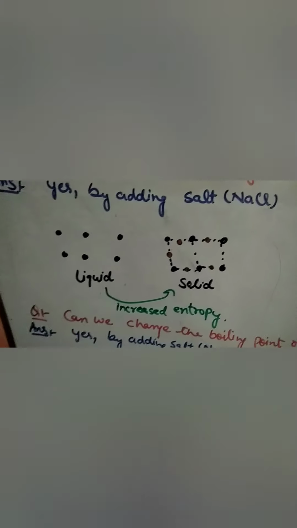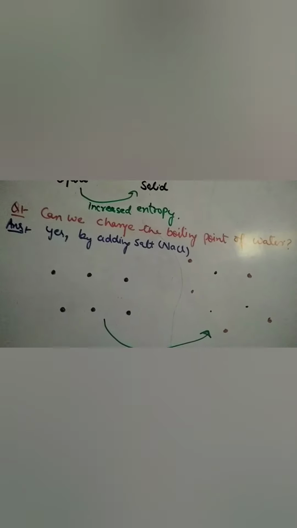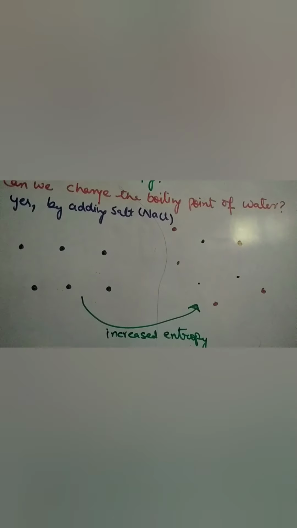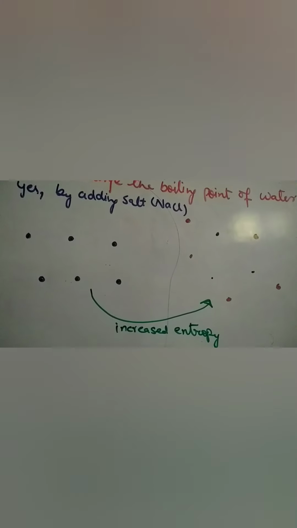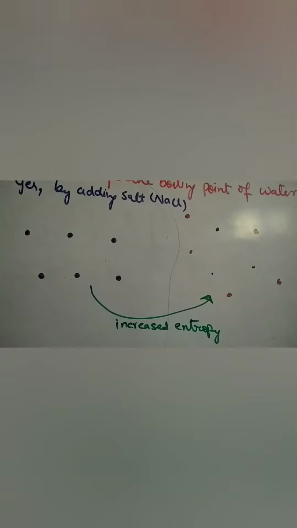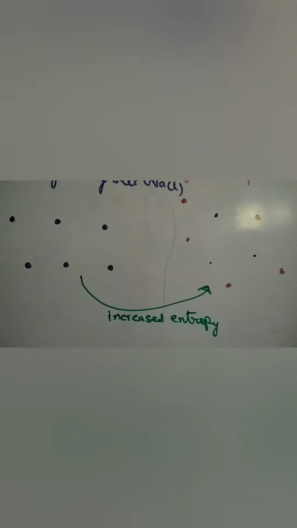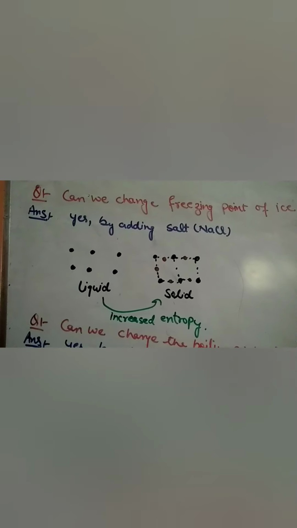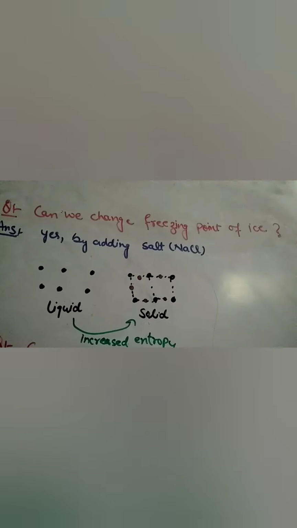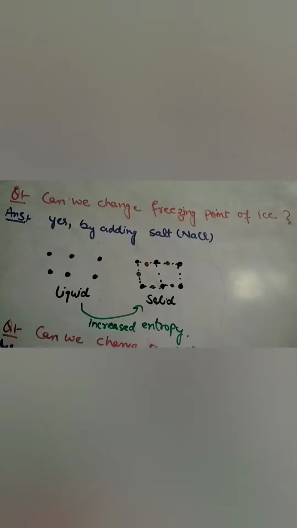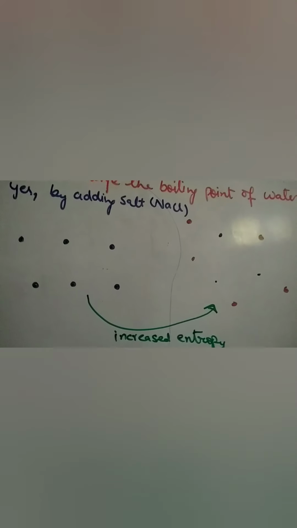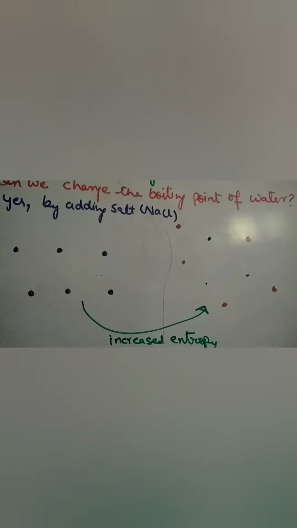Similar type of question we can ask: can we change the boiling point of water? Yes, again the same thing, we can add a little bit of salt and we can change the boiling point of water. Again the reason would be increased entropy. We will do the activity and figure out whether the freezing point of ice increases or decreases, or the boiling point of water increases or decreases.